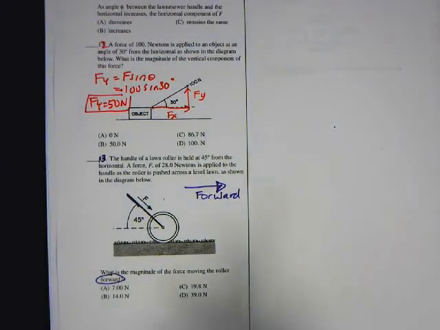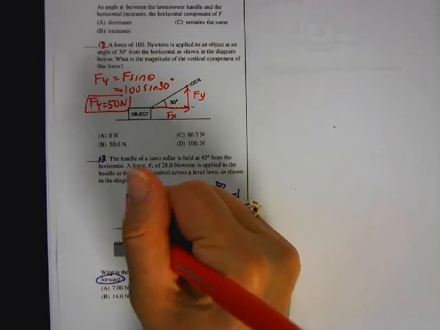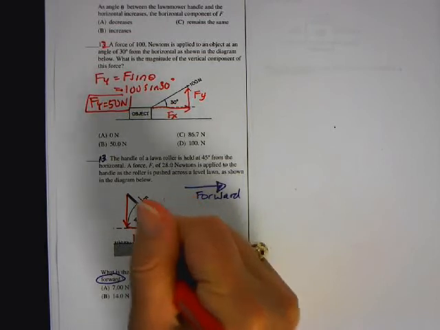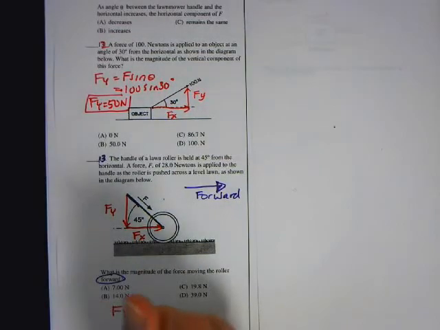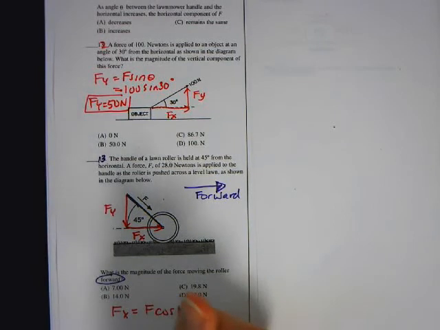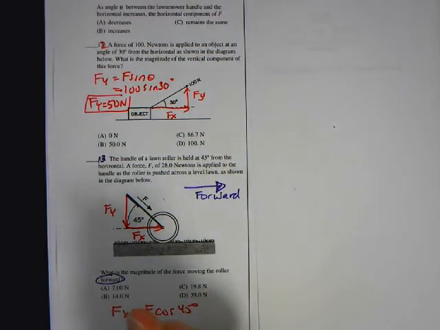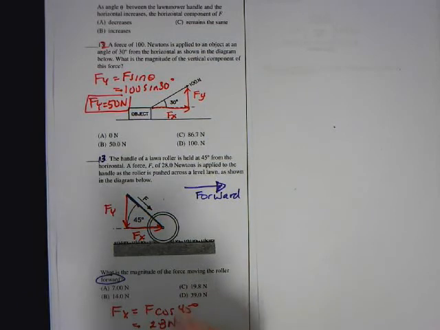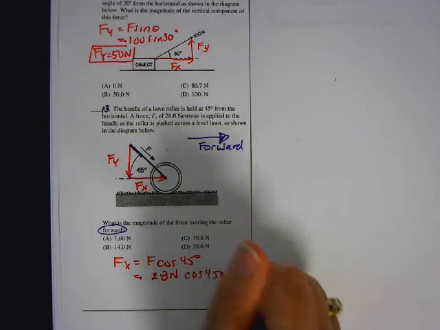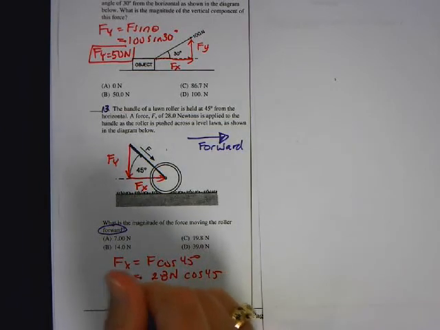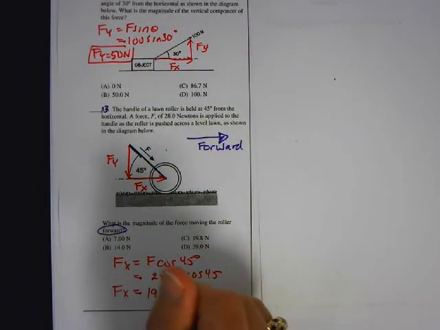Now for a 45-degree angle, sine and cosine of 45 is the same, but I'll still draw it anyway. This is Fx, this is Fy, so Fx is equal to F cosine of 45. So it's equal to 28 times the cosine of 45, which comes out to be 19.8 newtons.